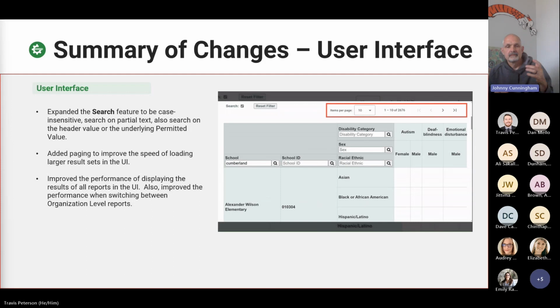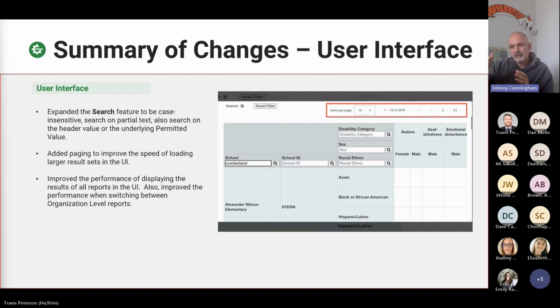The third bullet there, we don't really have a way to display on screen. We improved the performance of the UI screen because we were working on a large file like membership, particularly the transition between organization levels. It can display the SEA level data for membership pretty quickly, and the LEA data fairly quickly.